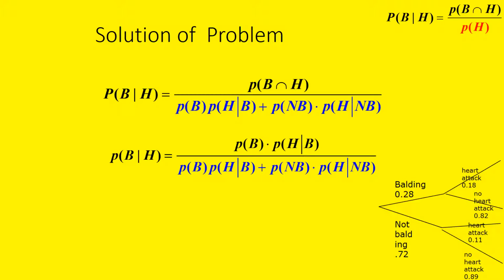Using the commutative operation, the probability of B and H is equivalent to the probability of H and B, so the purple one can be rewritten as the blue probability. If that's true, you get the same thing when you multiply both sides by the probability of H. Over here we have the probability of B and H again, but now we have a different way to write it.